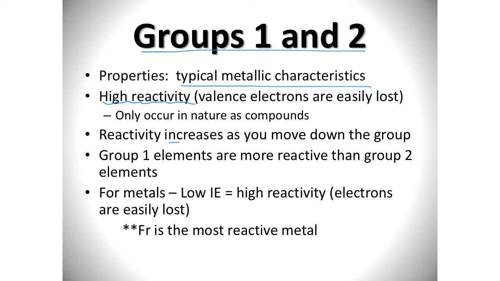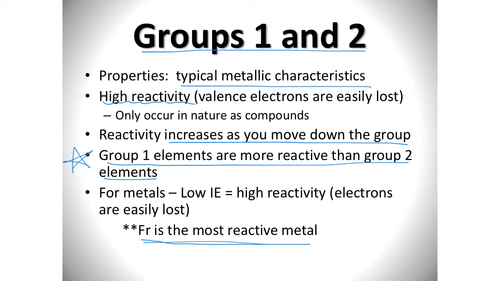Their reactivity does increase as you move down the group. The group 1 elements are going to be more reactive than the group 2 elements. And again, down towards the bottom. So that would make the corner down by francium the most reactive. Now, francium is a highly radioactive element, so we're not going to really see it in reactions or even in compounds, but that would be the proper corner.